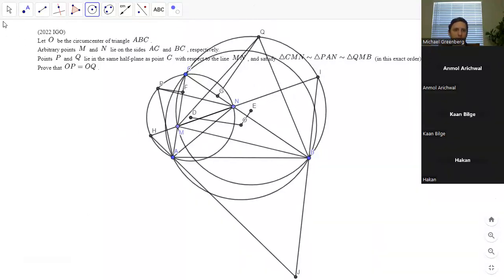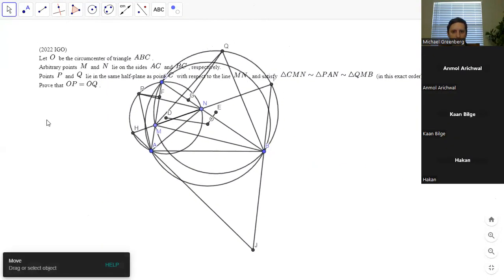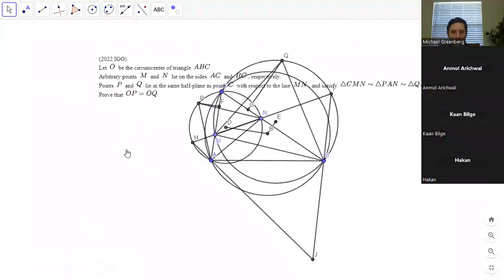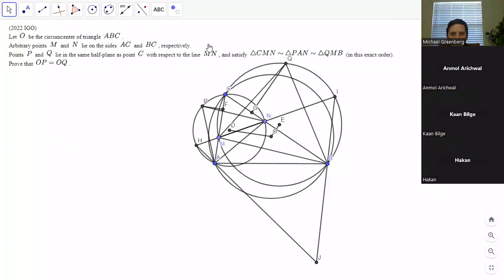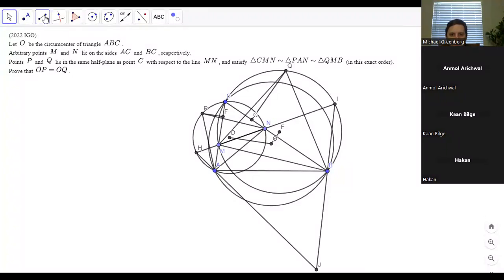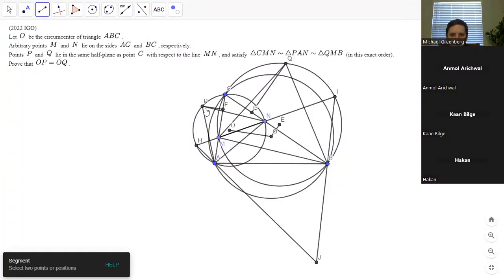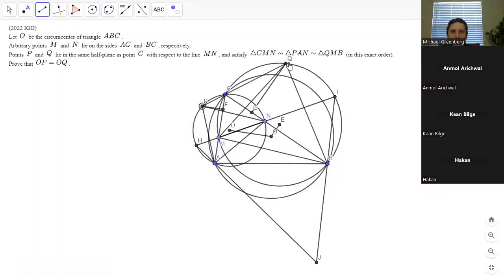Okay. PCQ are collinear. Oh, really? How did I miss that? PC and Q are collinear. It's really that easy, I guess. We just missed it. Okay.